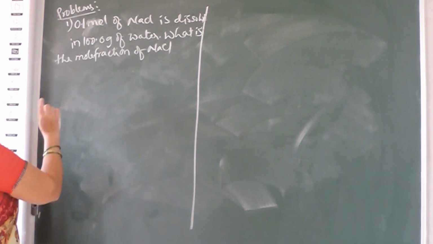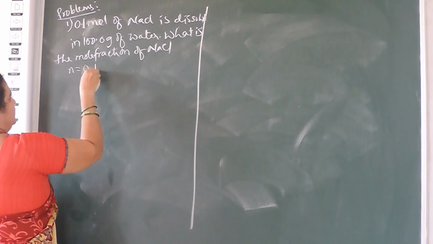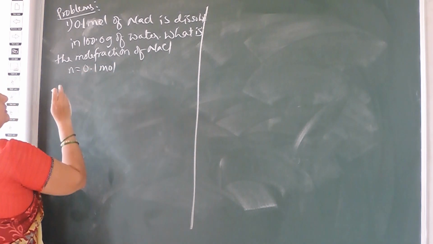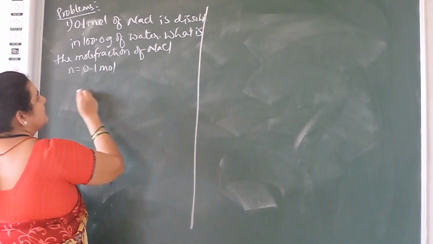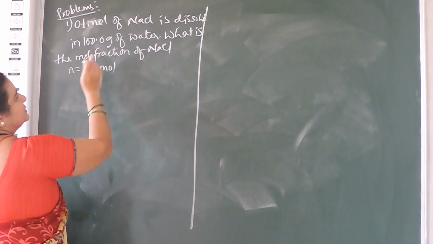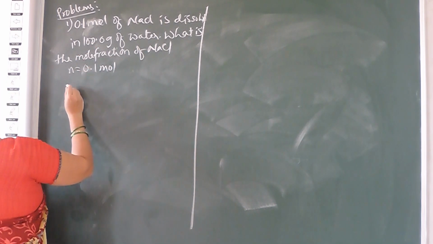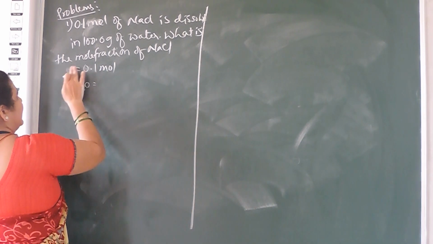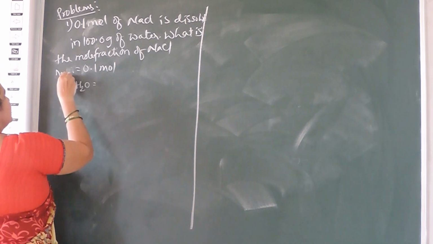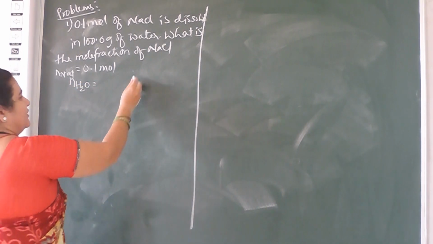Now for the molarity, here n is given, 0.1 moles. Then for the mole fraction, I want the total number of moles. The number of moles of NaCl is given as 0.1 moles. For the mole fraction, what is the formula?